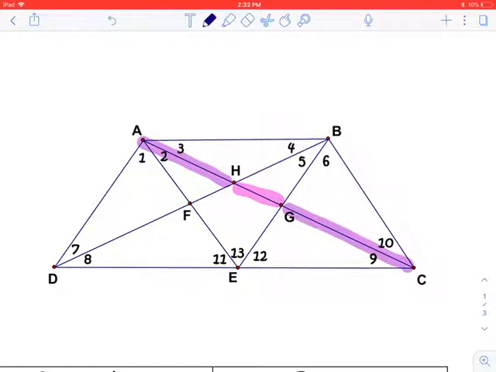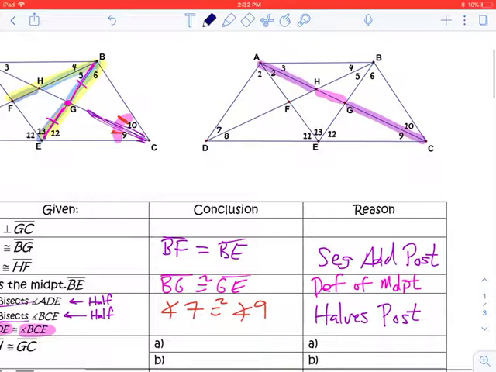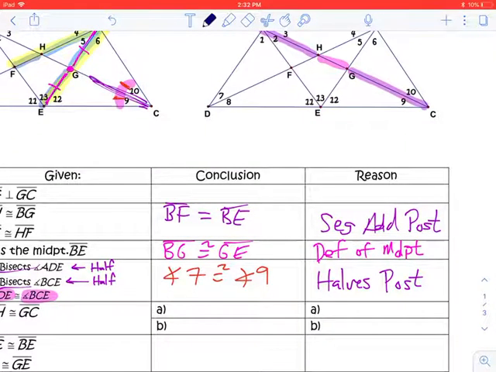If you have a gap in the middle, remember we can add it to those. But before we do that, we got to make sure we know that we have that gap in our conclusion and reason. So if you have a gap, reflexive property, HG congruent to HG by reflexive.